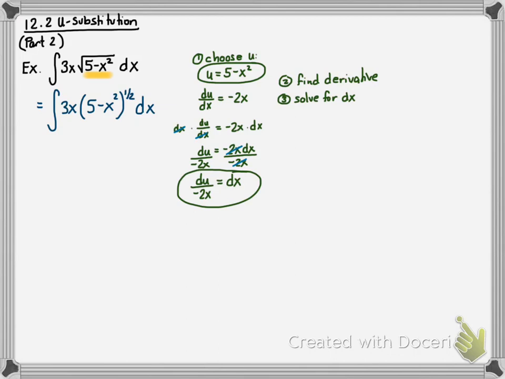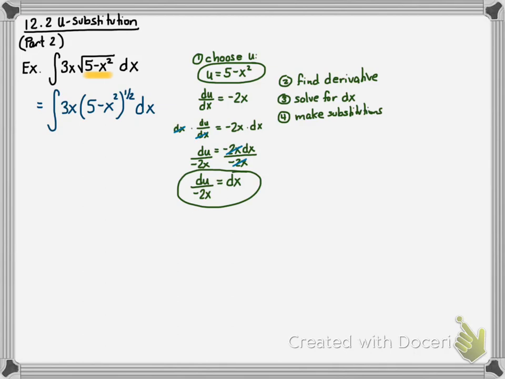So step 1, we chose our u value. Step 2, we took a derivative and solved for dx. Our next step is to make some substitutions. Step 4, we want to make our substitutions.